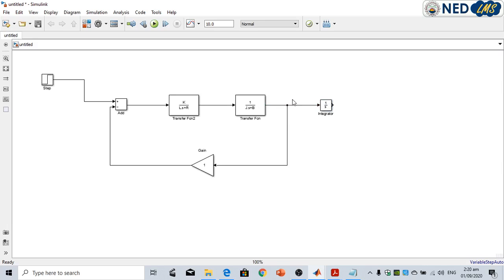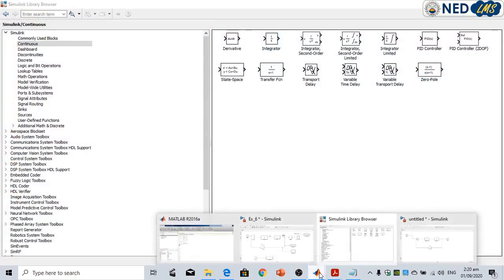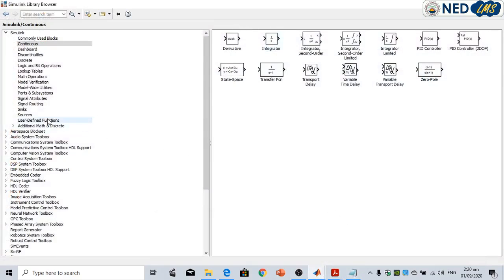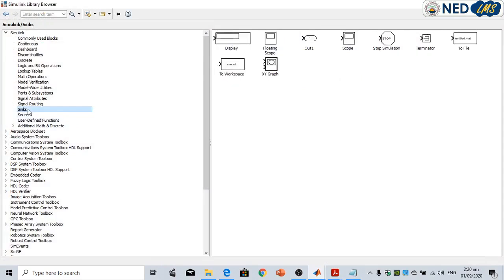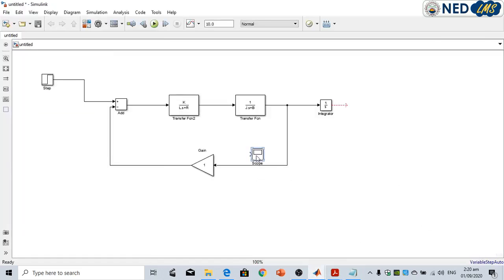The output of this block is omega, and omega after integration is theta m. Okay, we need to display the output. We have to select scopes. Therefore, in the sinks section we have scopes. We need 2 scopes here in this Untitled model.